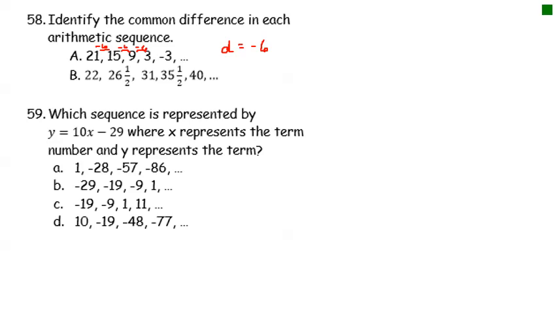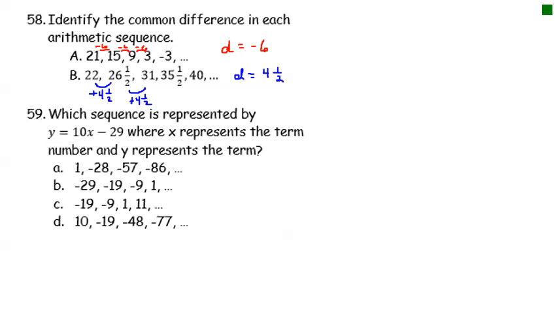Now looking at choice B here, we see that our numbers are increasing, so we should have a positive number, and we see that those are increasing by 4.5. Each one is being increased by 4.5. So that means our D here is equal to 4.5.